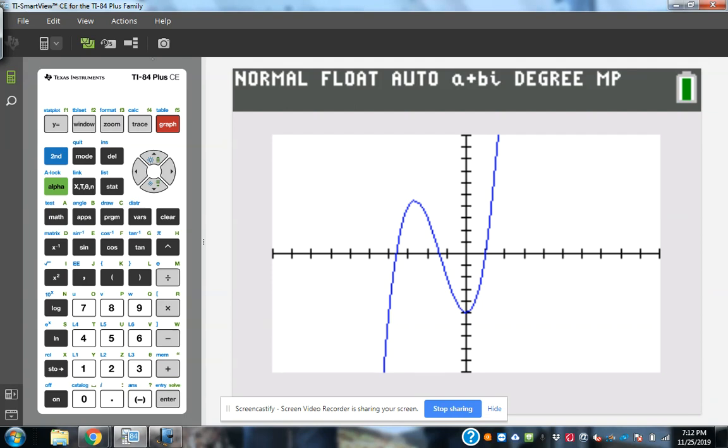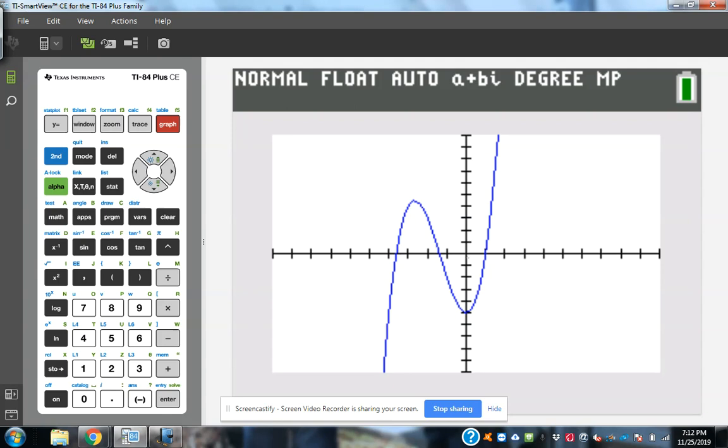There it is. Look where it's crossing the x-axis. Right over here is the positive 1. These 2 over here, one of them is the negative 5 plus the square root of 5 over 2. The other one is the negative 5 minus the square root of 5 over 2. Those are what those are.